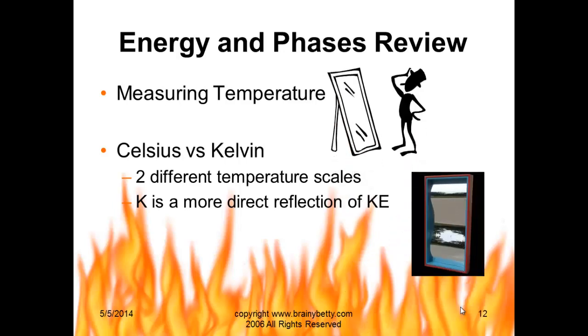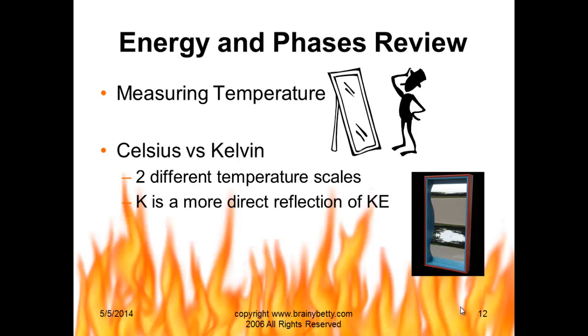One comparison that I use with these two scales is the difference between looking in a regular mirror at home in your bathroom, and going to a fun house and looking in the wavy ones. When you look in a fun house mirror, can you recognize yourself? Yeah, but what's changed? It looks distorted, right? Some make you look short and skinny, some make you look tall.